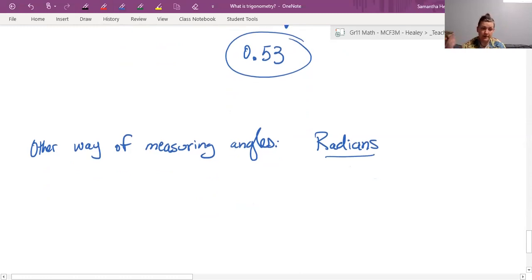So if you have a 45-degree angle, that's one way of measuring it. If we measured it in radians, we'd use a completely different measurement. It's like measuring a distance in kilometers versus in miles, completely different. And if you got pulled over and the police officer said, how fast were you going?